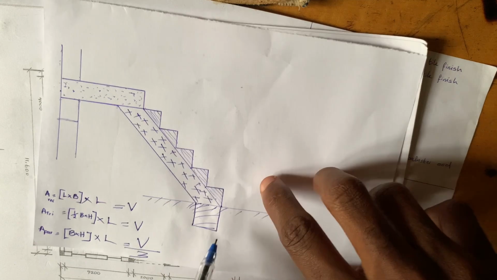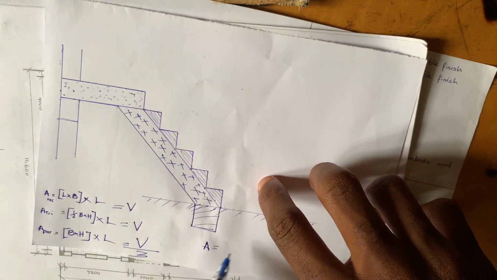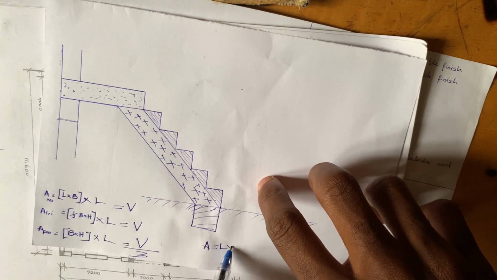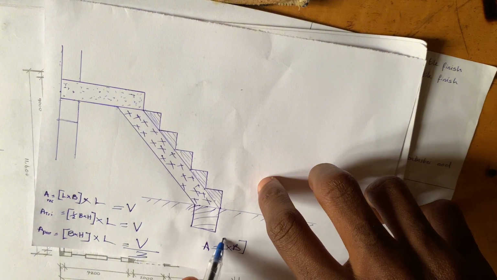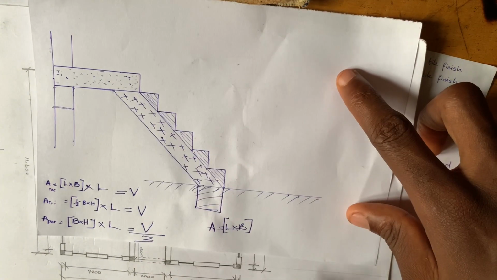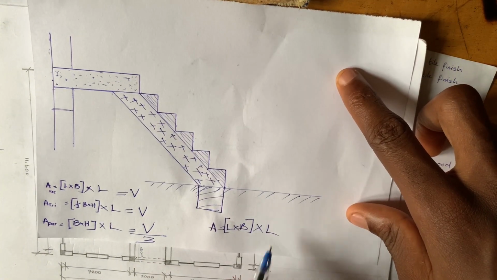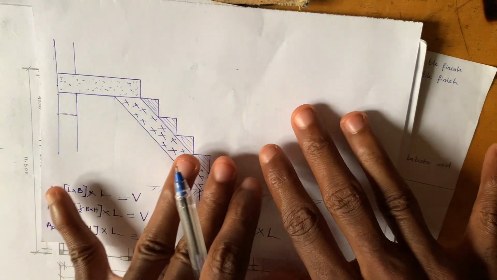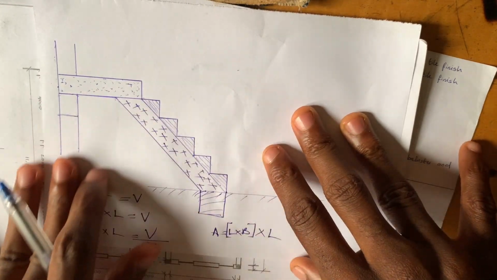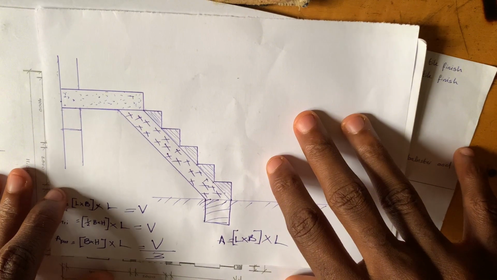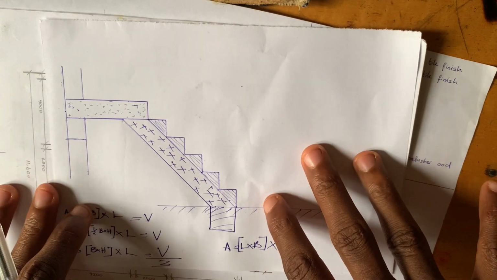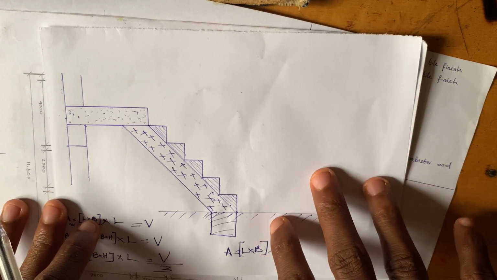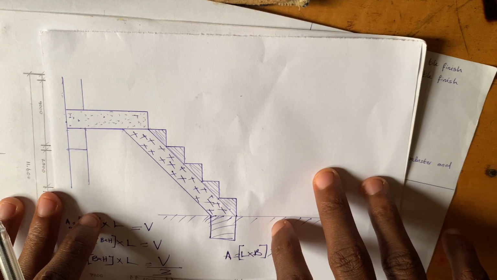The area of the rectangle is the same thing, length times breadth. Then you multiply it by another parameter, maybe another length. So this is just a basic introduction to how the measurement of the staircase is carried out for the concrete works.